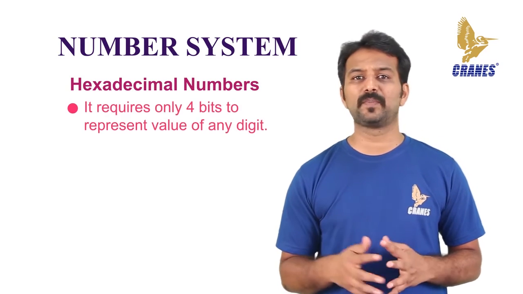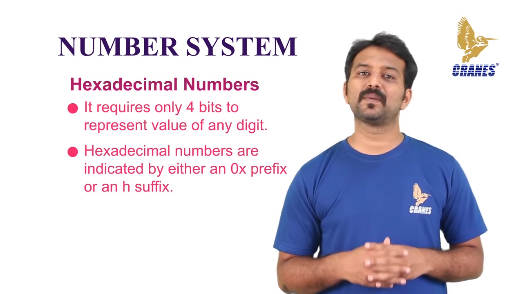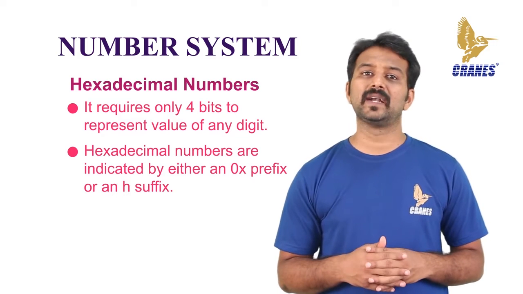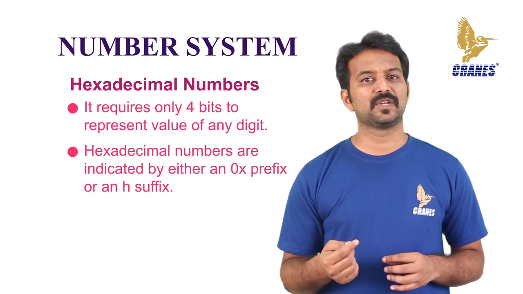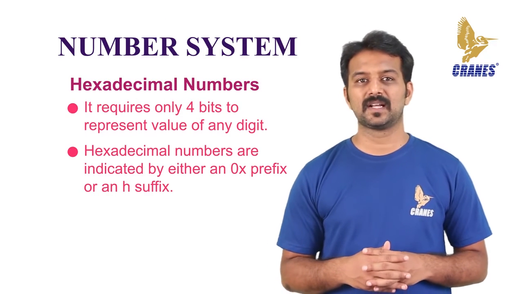It requires only 4 bits to represent the value of any digit. Hexadecimal numbers are indicated by the addition of either a 0x prefix or an H suffix.